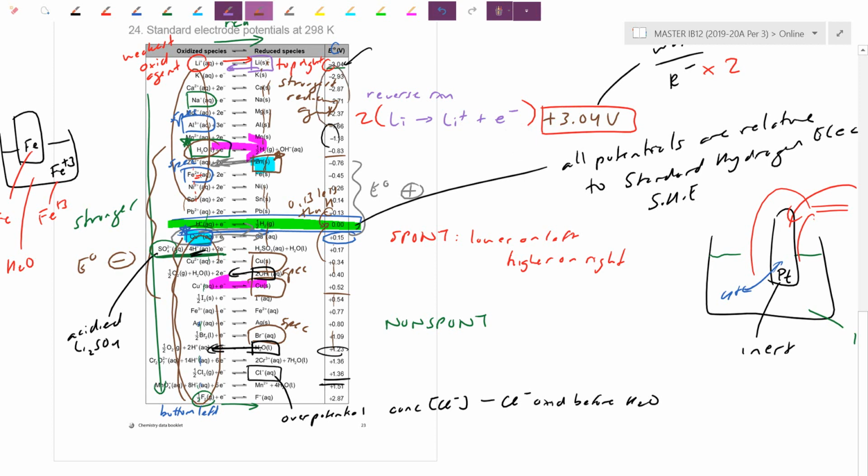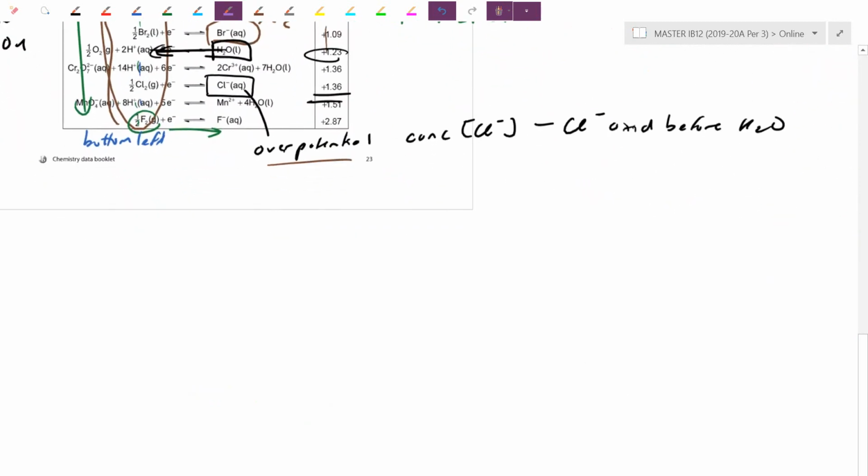Those ones, based on number, they should have reacted after water does, but in fact what ends up happening experimentally, because of overpotential, that potential is needed to generate some charges in solution, get the reaction going. So in concentrated cases, the chloride actually reacts first. If they say dilute, you can use water reacts first. All right. So in a nutshell, that's sort of the redox chapter here.